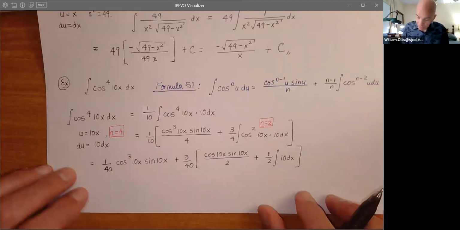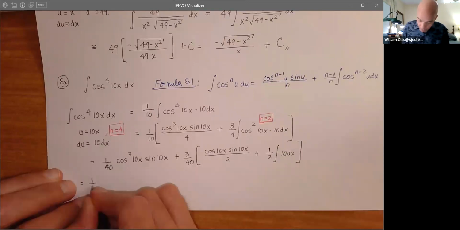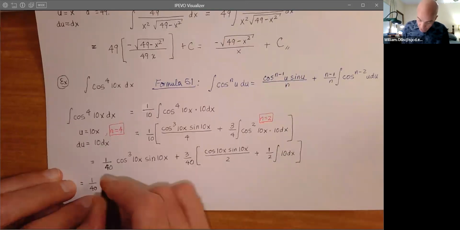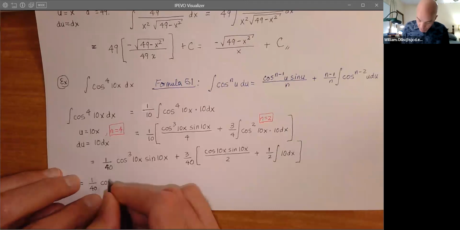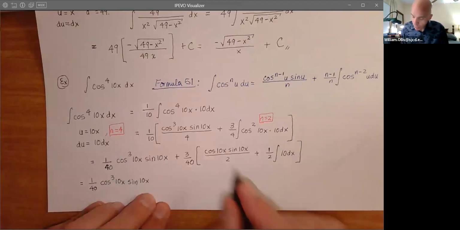So now we can complete the problem. So we get 1 over 40 cosine cubed 10x sine 10x. And now, if you will, we'll go ahead and multiply this.